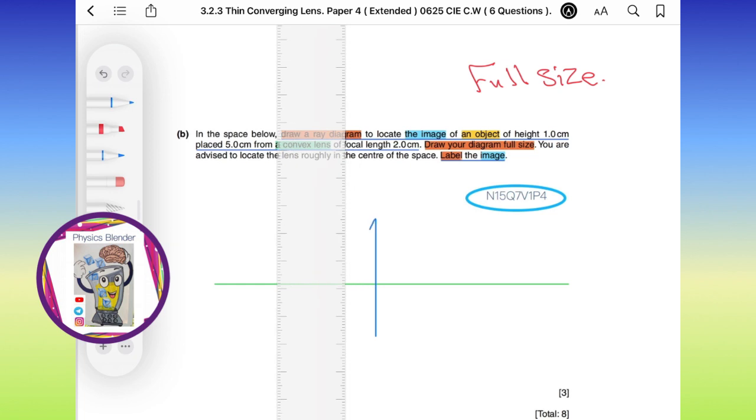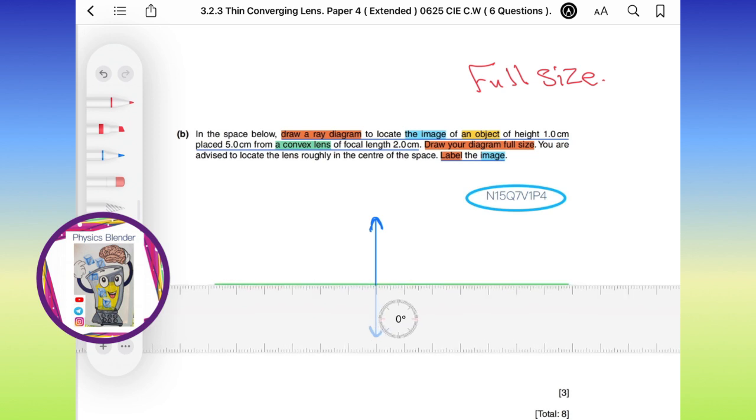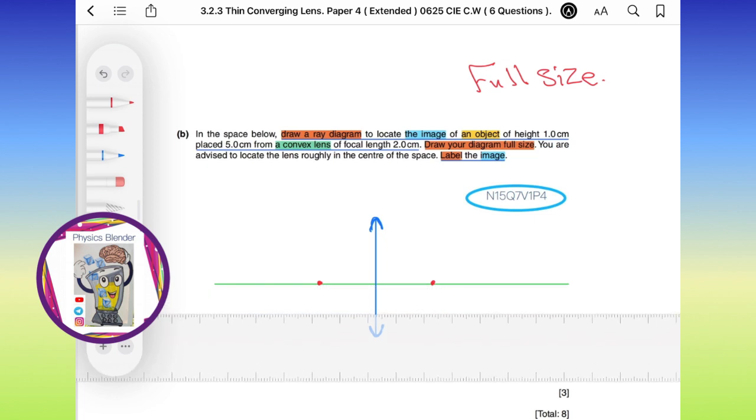Guys, you can draw it like this just for simplicity. Try to locate from the optical center the focal length, which is 2 centimeters, so 2 centimeters at the right side and 2 centimeters at the left side. So we have here F1 and F2.